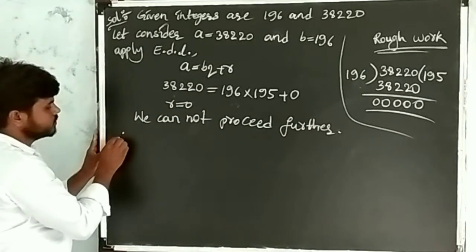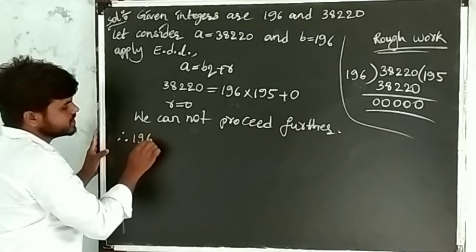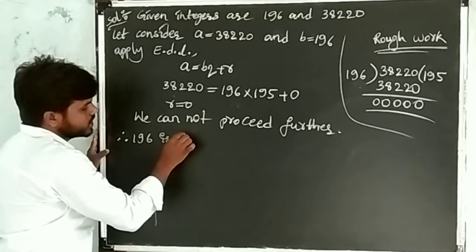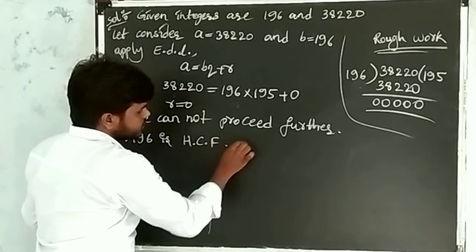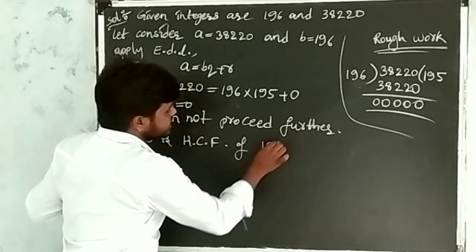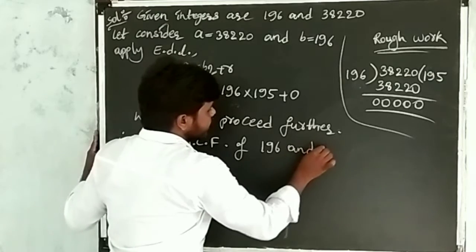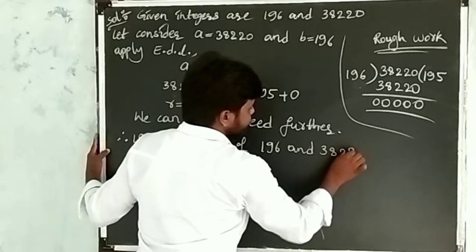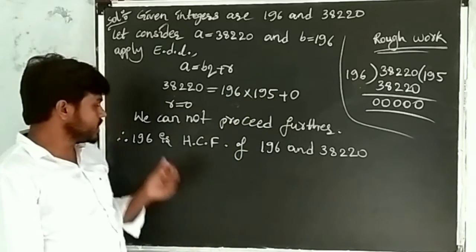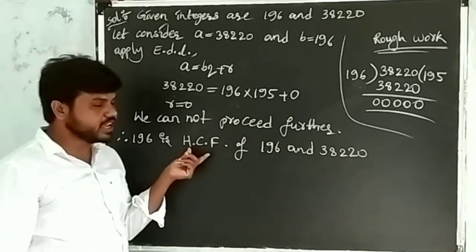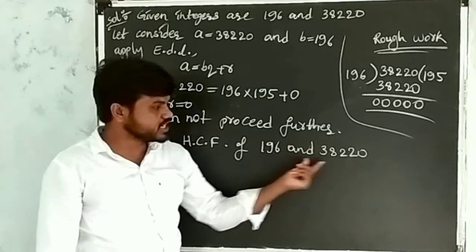Therefore, this 196 is the HCF of 196 and 38,220.